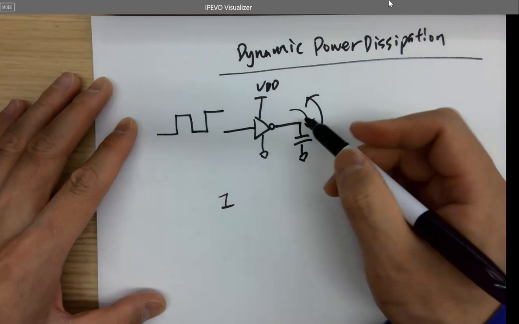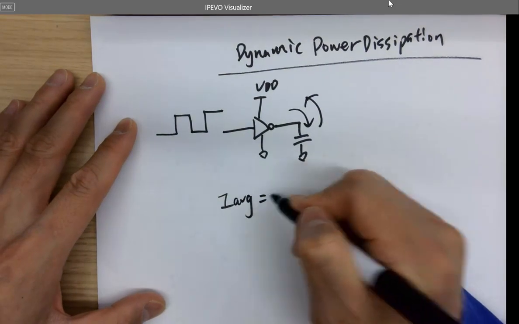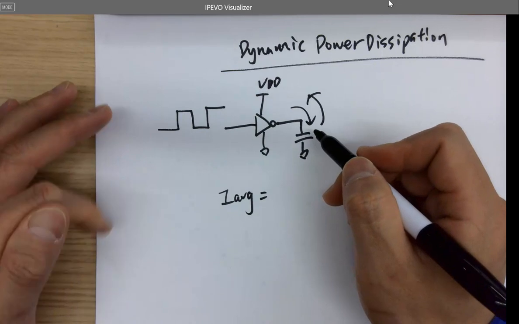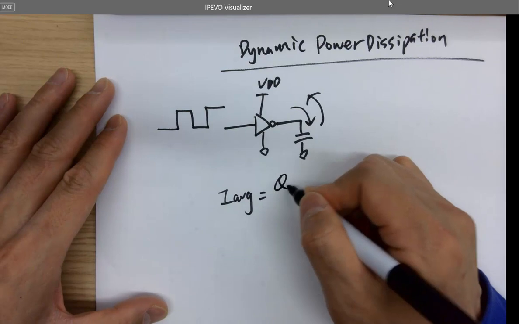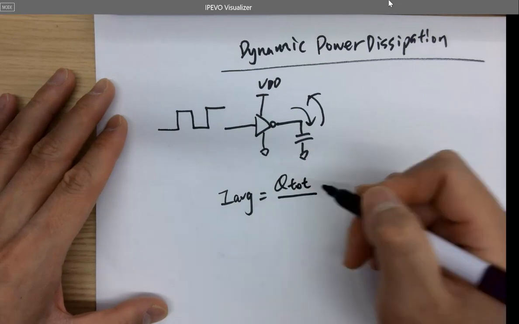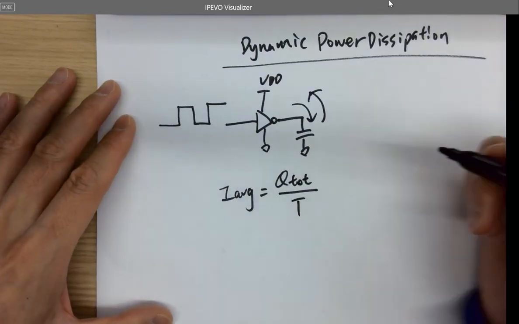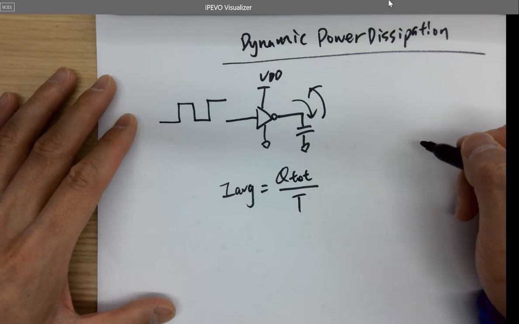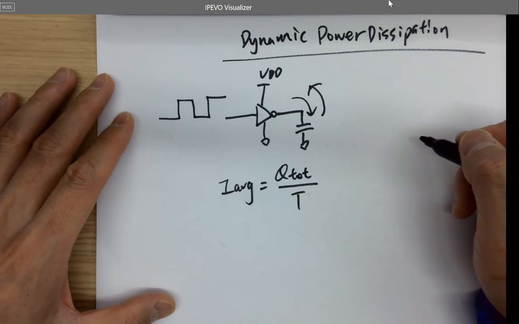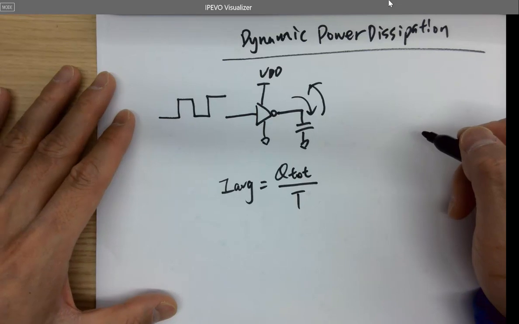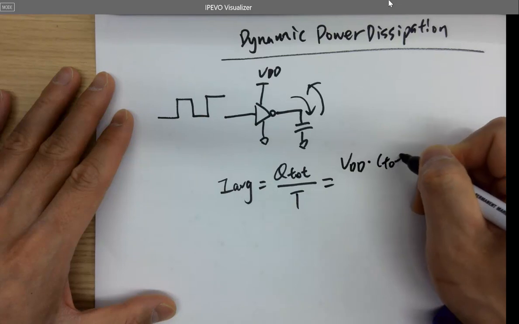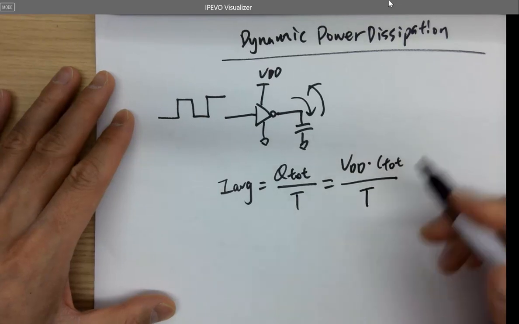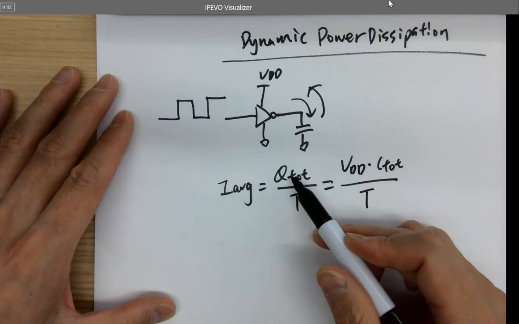The average current being consumed by the capacitor while charging and discharging it equals Q total, the total charge, divided by T, the period of the signal, which is VDD times C total over T, because V times C is Q, right?